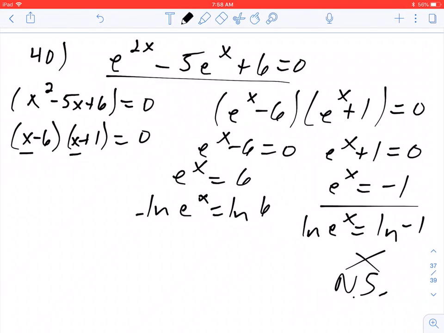And then the natural log of e cancels, and you're left with x equals natural log of 6. And natural log of 6 is 1.792 approximately. Okay, give me 1 second here.